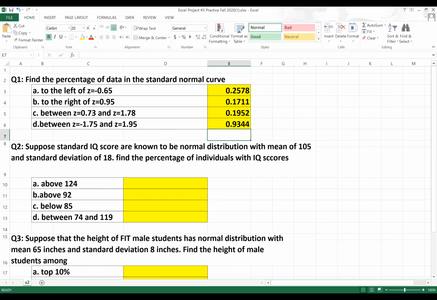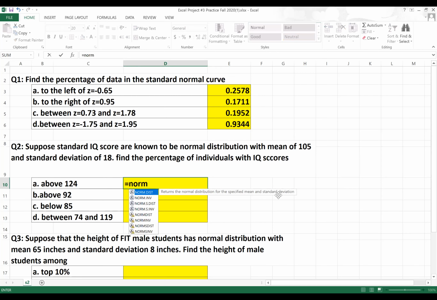So that's the solution. Now question 2. Suppose IQ scores are known to be normally distributed with mean average 105 and standard deviation 18. Find the percent of individuals with an IQ score above 124, above 92, below 85, and between those. Now this one is not a standard normal distribution, it's just a regular normal distribution. So you do NORM.DIST.